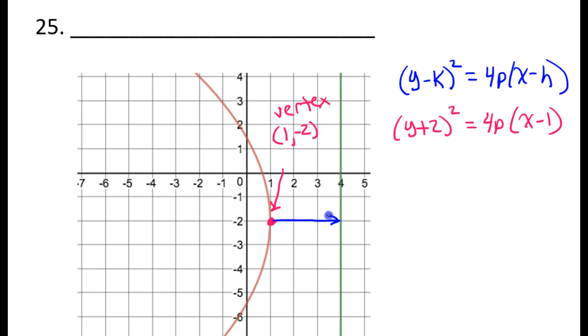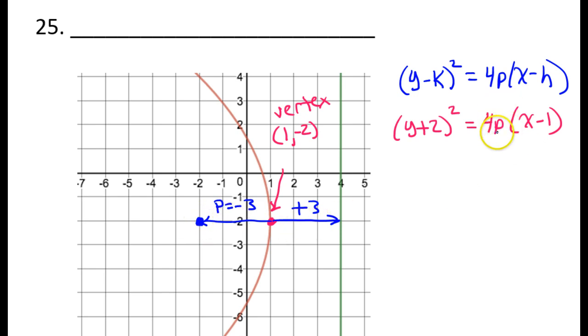Okay, so I would think of that as positive 3 because it's to the right. So that means I will find the focus if I go to the left 3. Like this. That means that p is equal to negative 3. And the focus is right here.